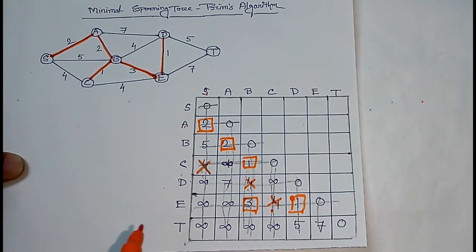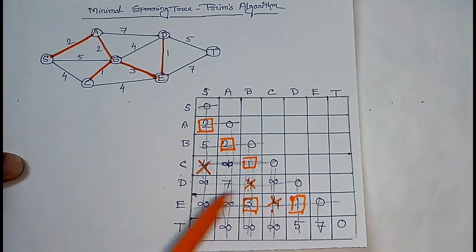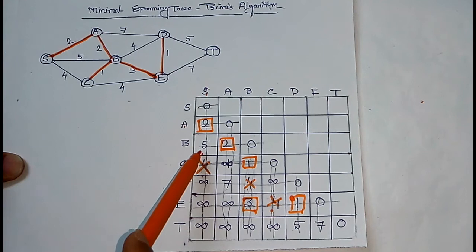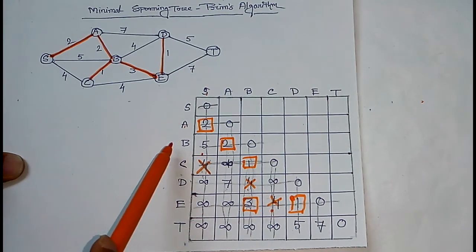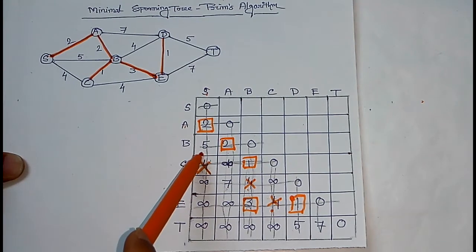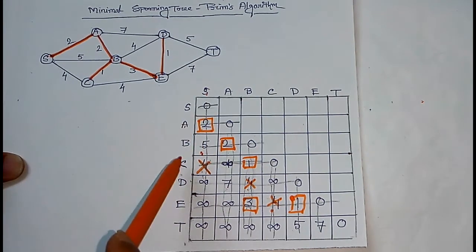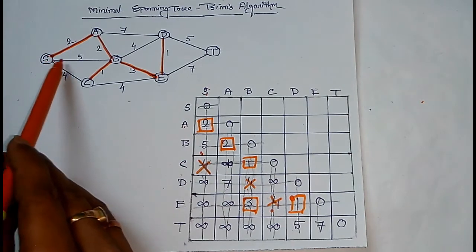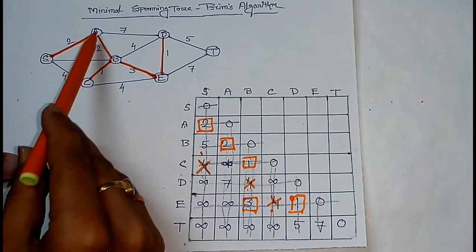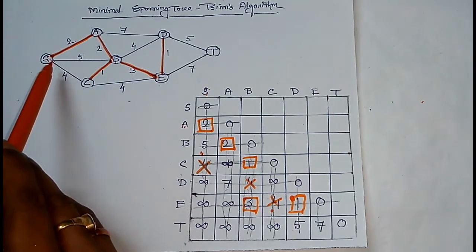Next we have to find the next minimum element from these 6 rows and 6 columns, and we find that 5 is the next minimum, which appears in 2 places, one in the row of B and column of S. So if we pick this 5, then we have to add an edge between S and B. So as you see that if we add an edge between S and B, then S, A, B, S will again form a cycle.